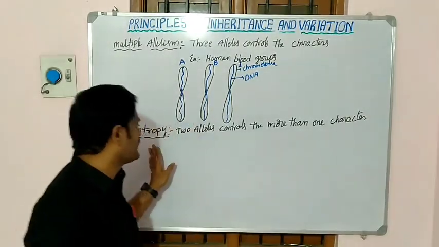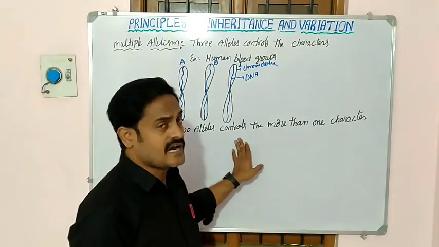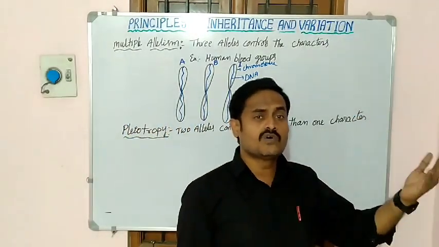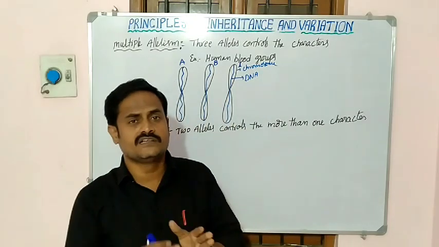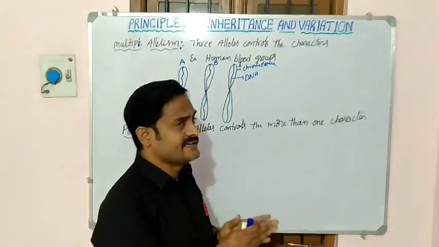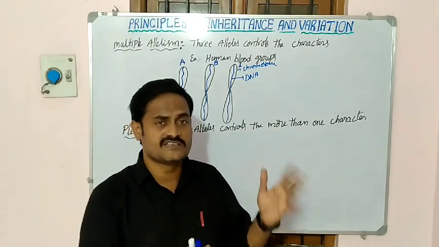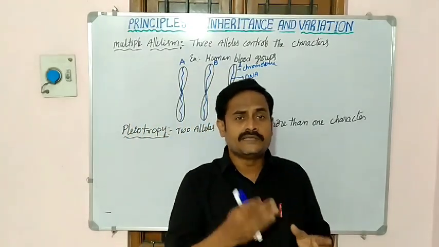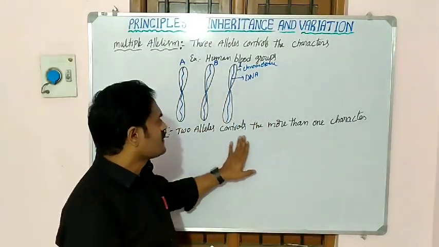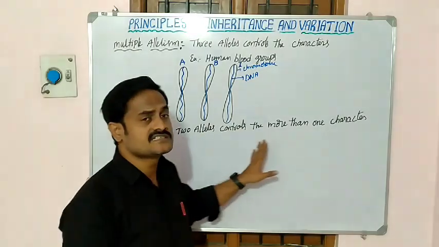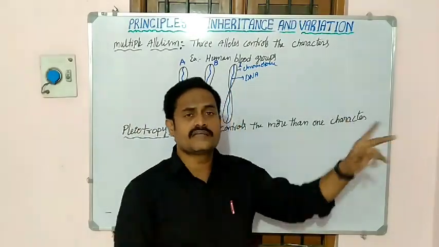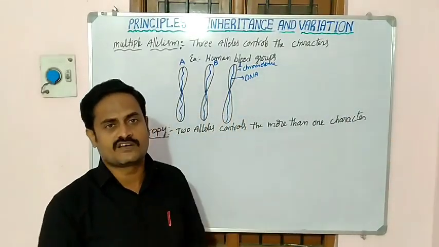What is pleiotropy? The alleles control more than one character, not only one character, like height, not only height, or shape of the seed, not only shape, like that.